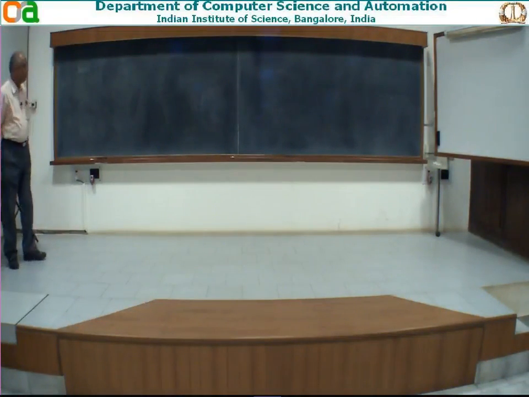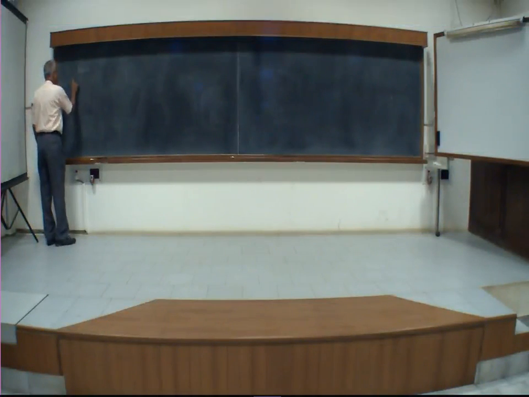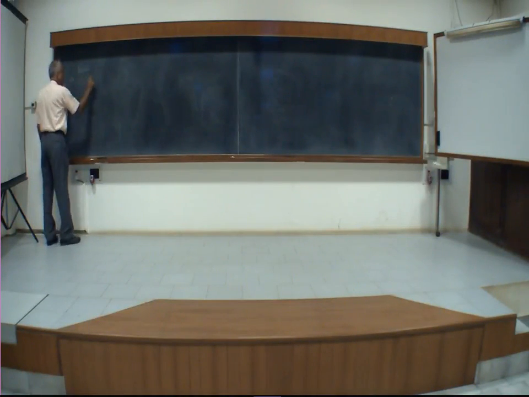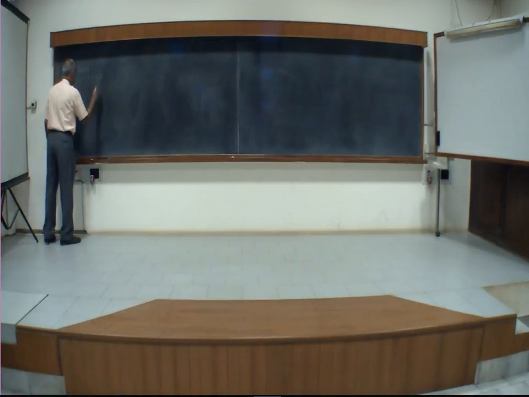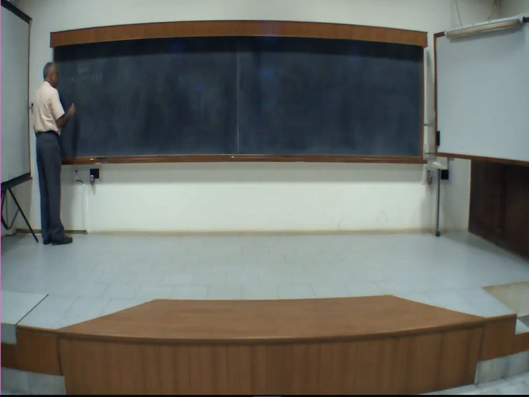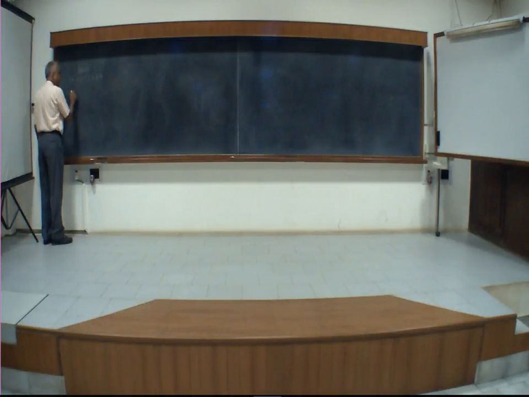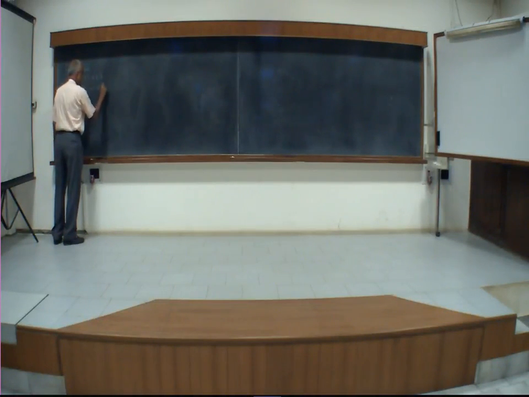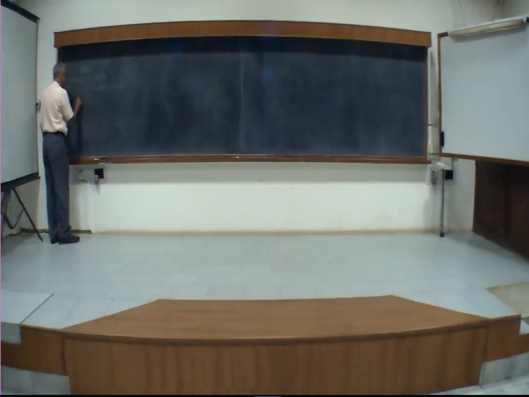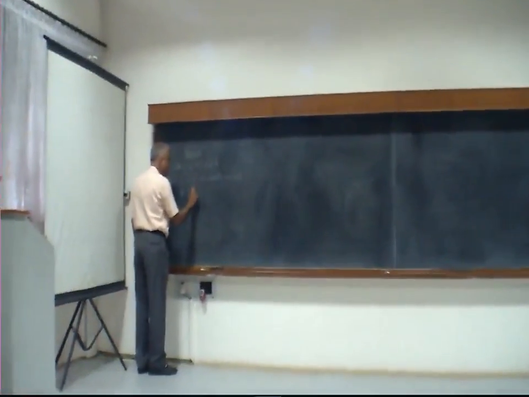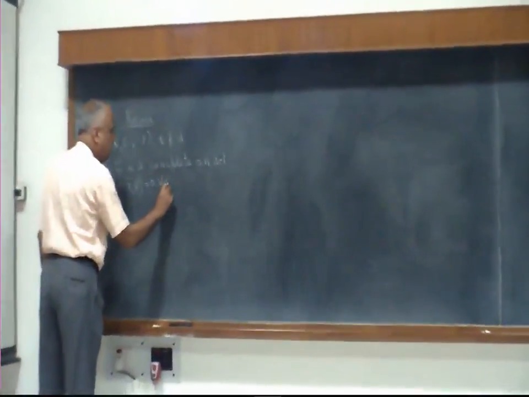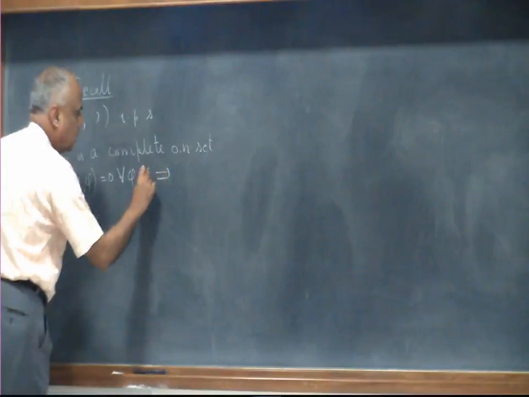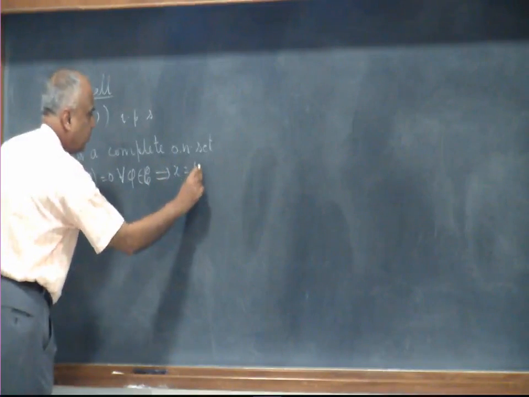The first thing is that if X is an inner product space, the first thing we defined was that C is a complete orthonormal set if whenever somebody is orthogonal to everybody in C, then that means X must be the 0 vector.